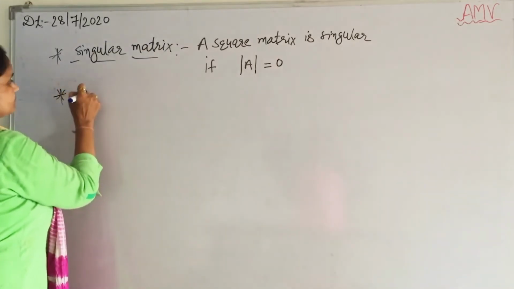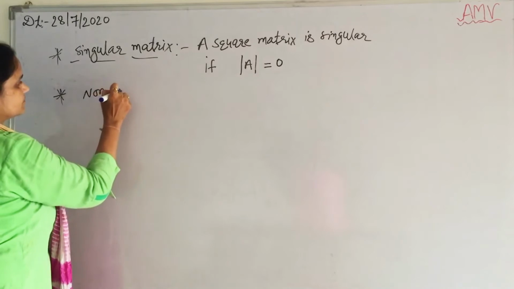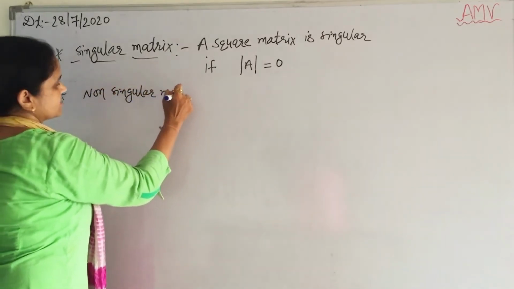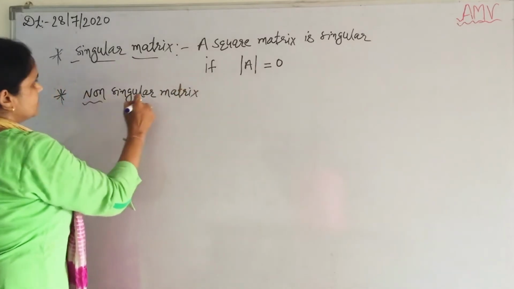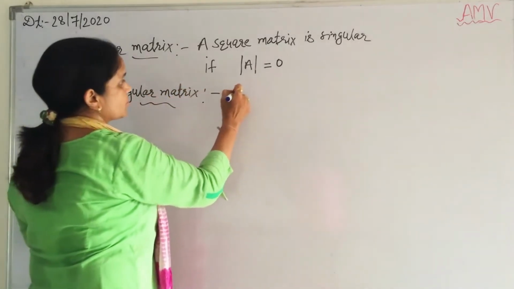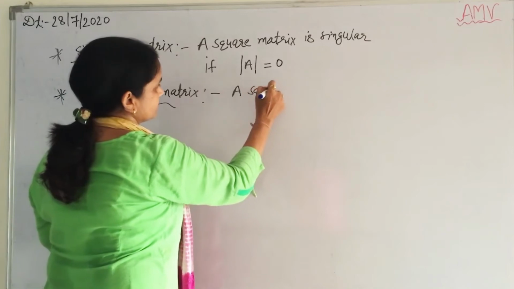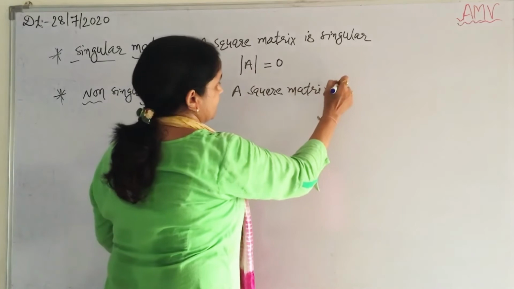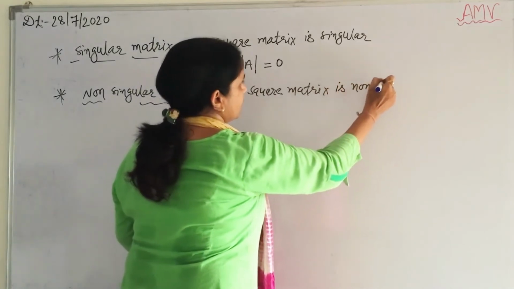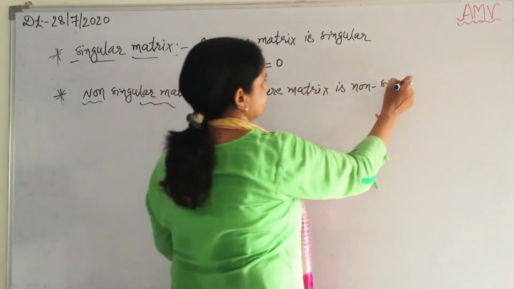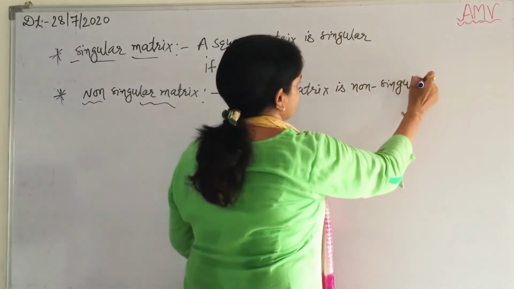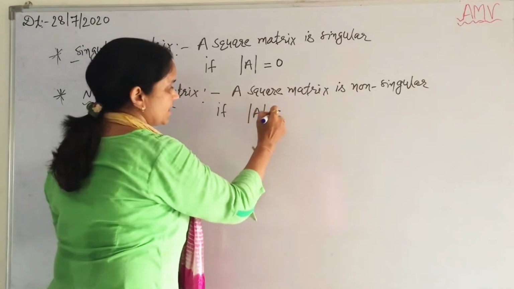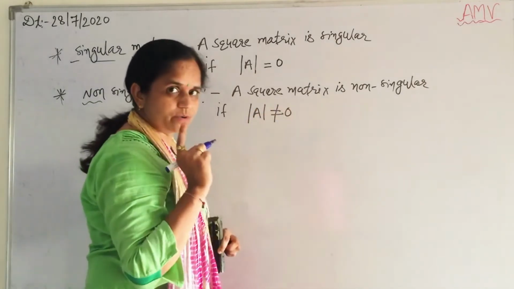Non-singular matrix. Students, a square matrix is non-singular if the value of the determinant is not equal to 0.